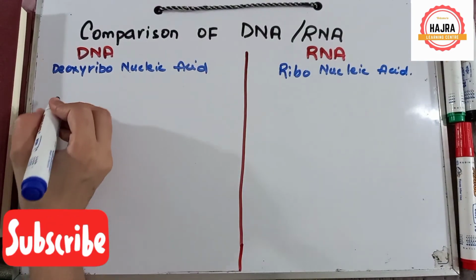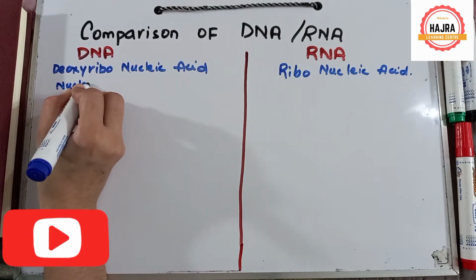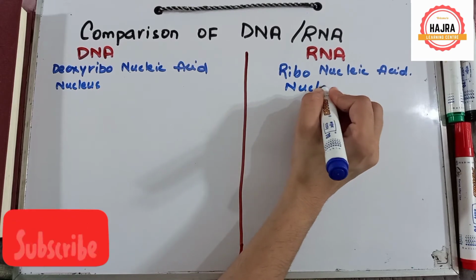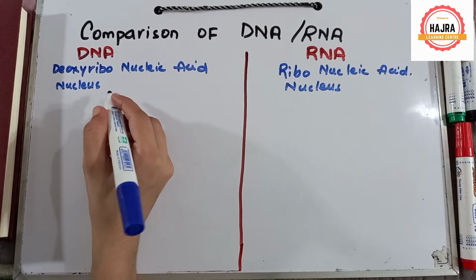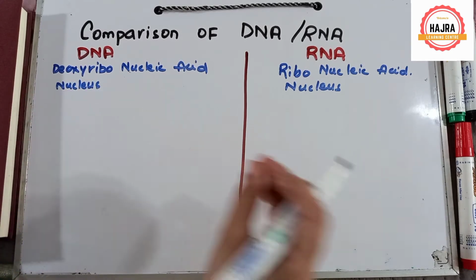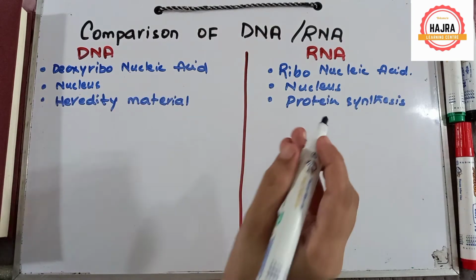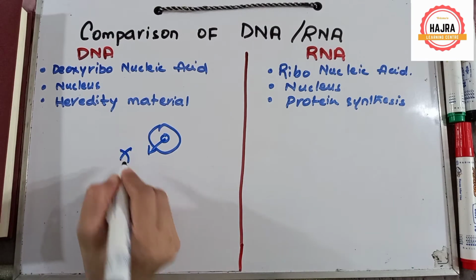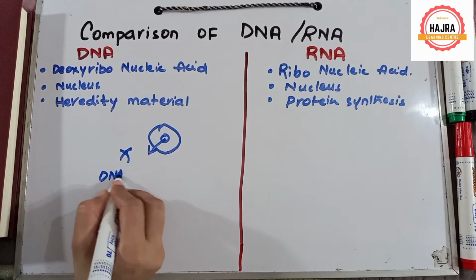They both are present in the nucleus. DNA is the hereditary material, meaning it carries information from generation to generation. Our chromosomes are made up of DNA plus proteins.